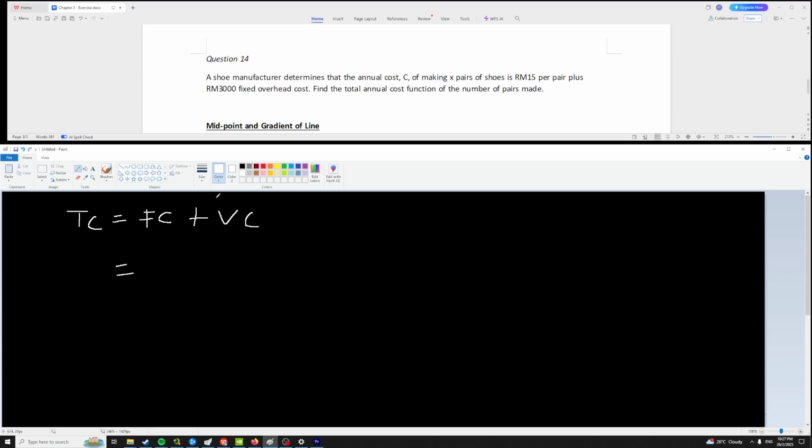In the question, 3,000 is the fixed cost, plus the cost of making one pair is 15, so the variable part is 15X. That is the answer. It's really that simple.